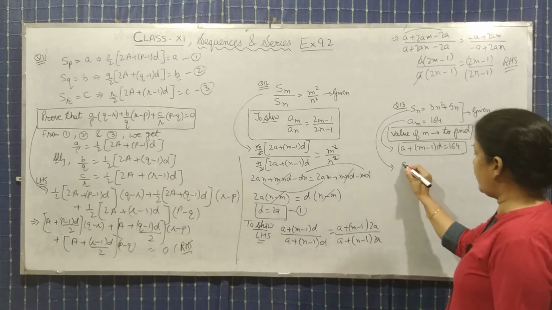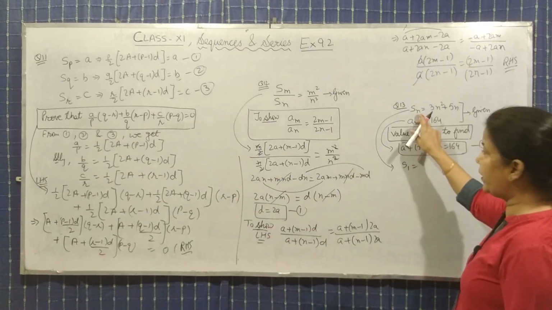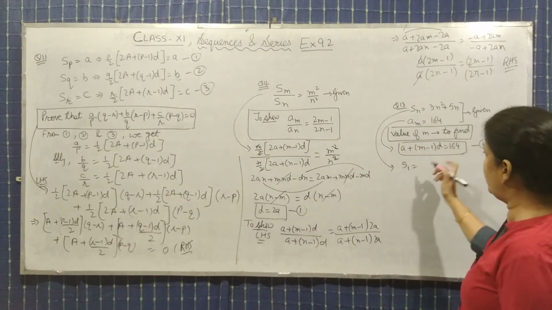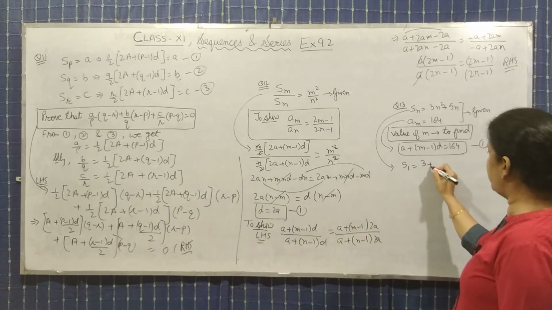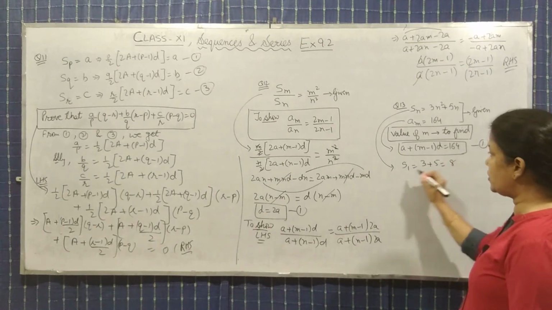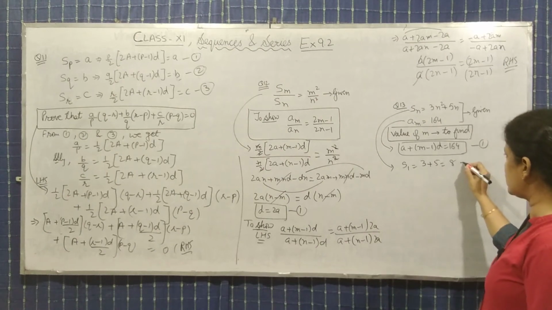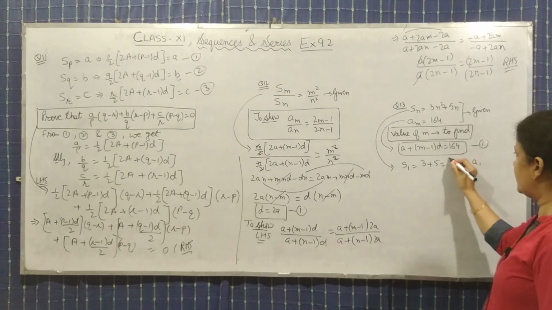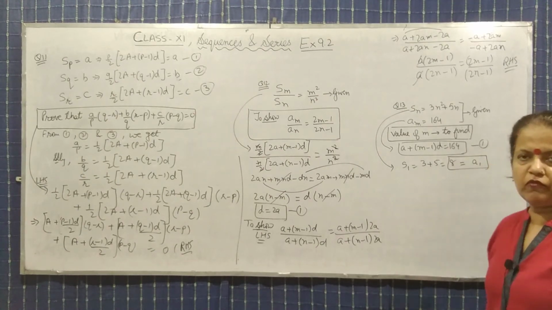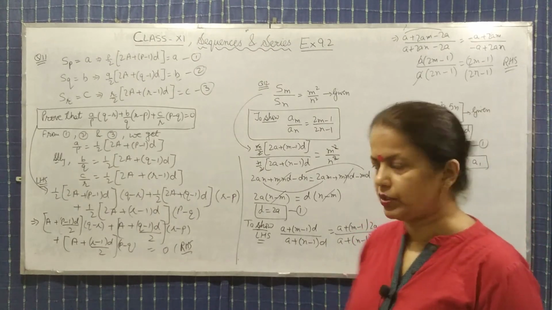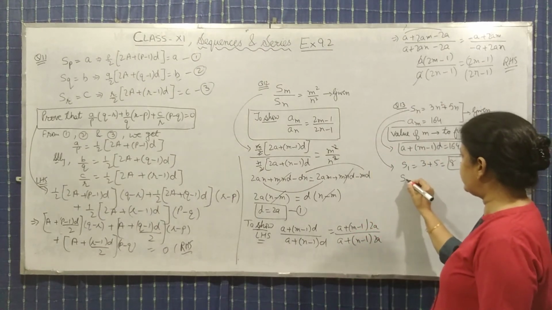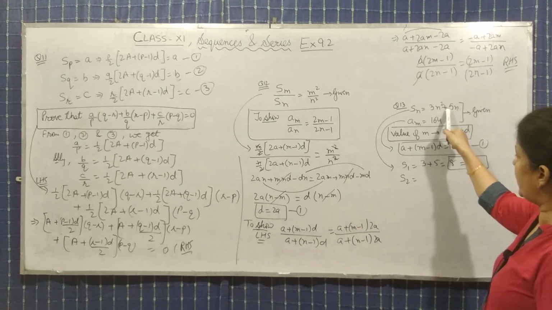Sum is there, so S1. How will you find out S1? Instead of n, you will put 1. So 3 plus 5, it will come as 8. So sum of first term is also equal to the first term, so you will get the first term as 8. S2: find out S2 from here.